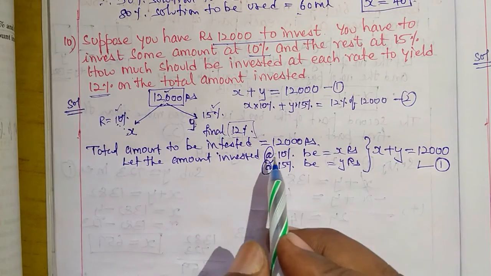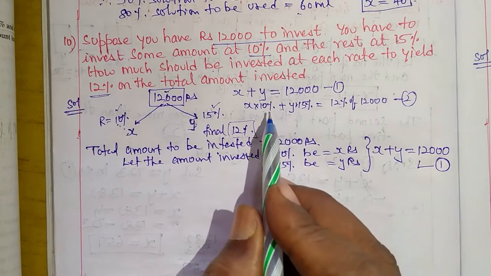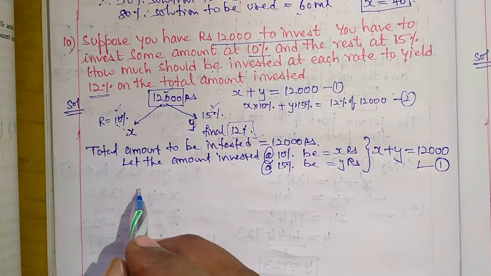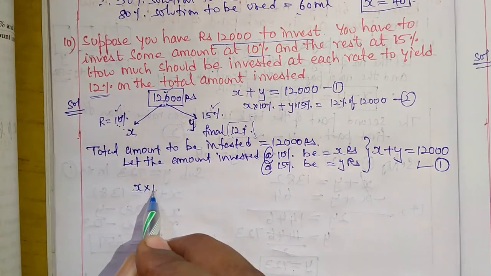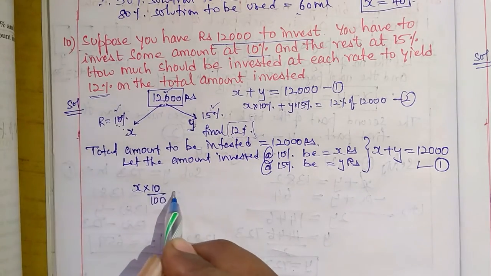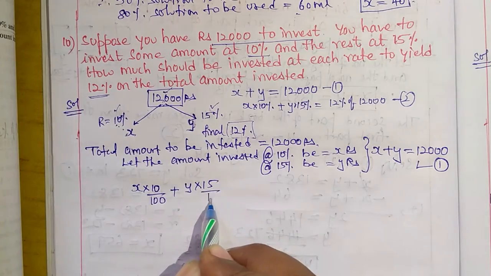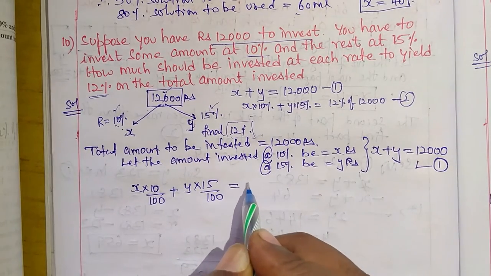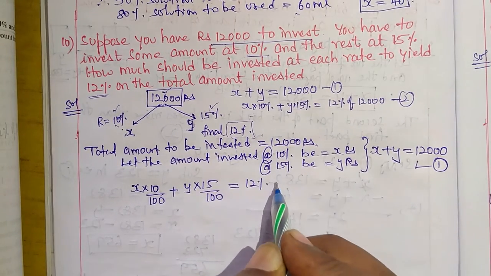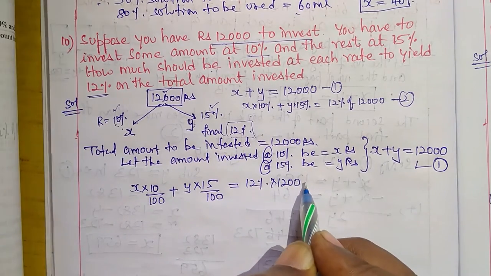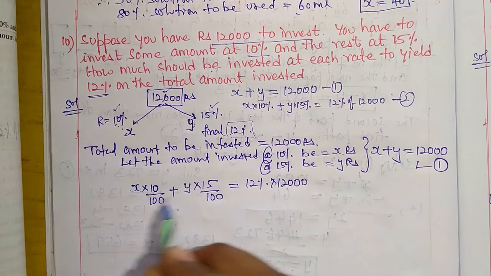Now, the amount yielded at 10% rate of interest. I will write the equation directly here. So it is x into 10% plus y into 15% is equal to 12% of the total, 12% into 12,000. You can do it separately also, I am doing it combined.